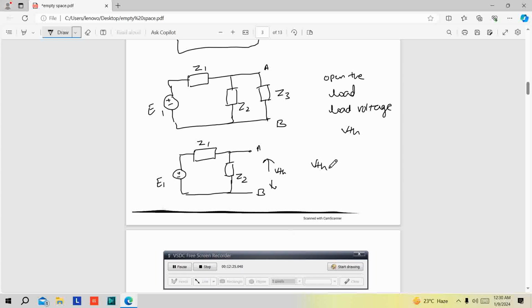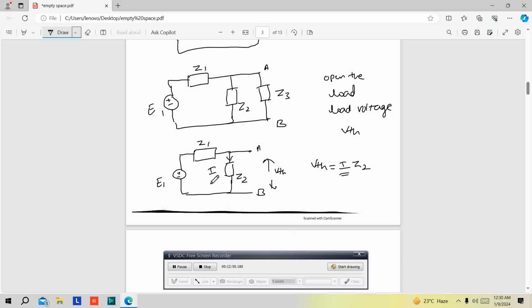VTH is equal to, we need to calculate the current passing through Z2. So that is I. Consider that the current passing through Z2 is I. I into Z2 is nothing but VTH across AB. So I want to calculate the current I passing through Z2.